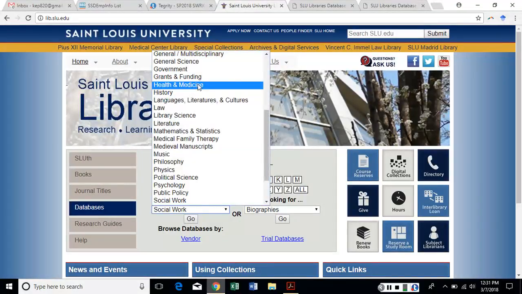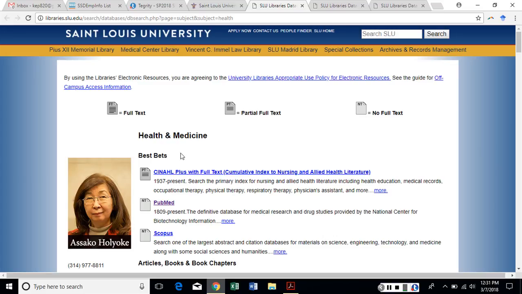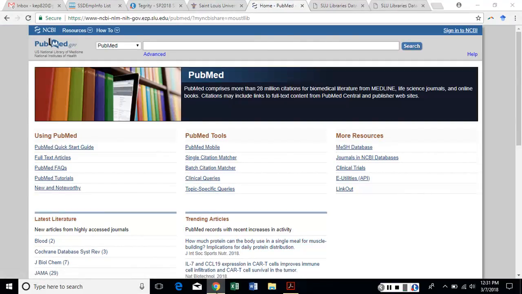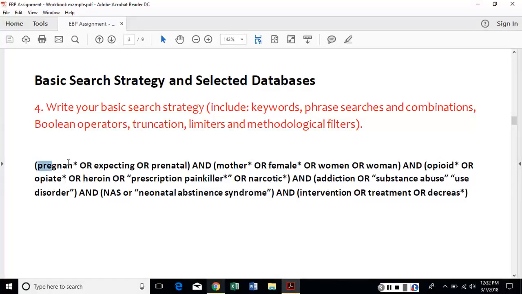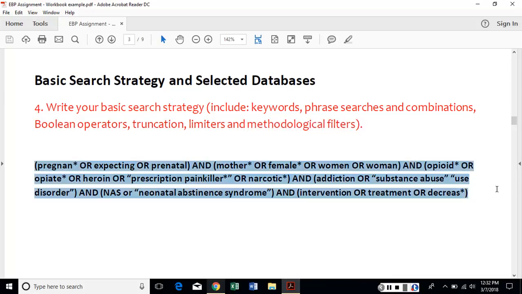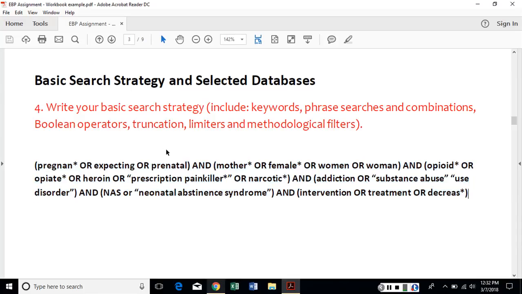So let's go back to PubMed, because PubMed is a really good one for health. I'm going to plug in my search strategy. This is a very detailed search strategy. Essentially, everything within brackets is a set of words that are synonyms for one another.